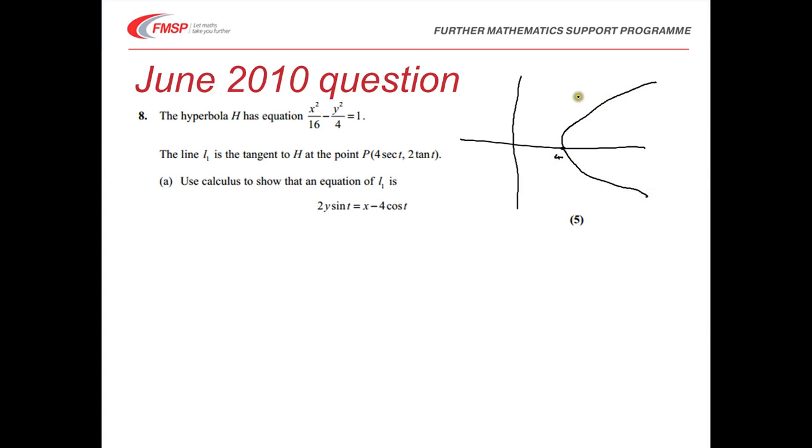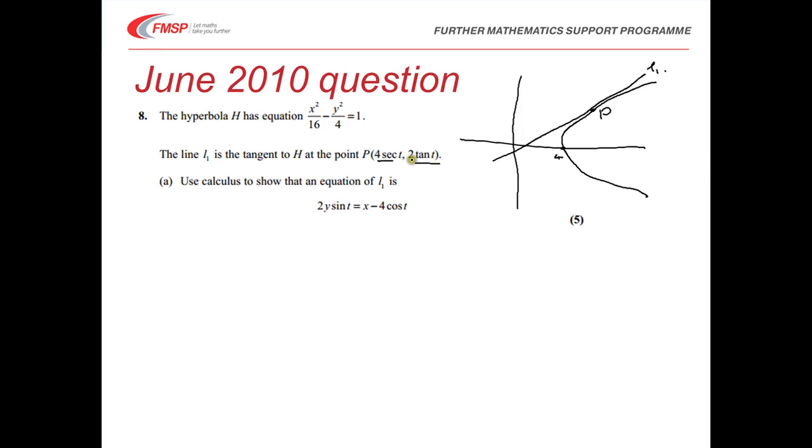Okay, so we've got a point P on our hyperbola, and it's given in terms of this parameterization, a sec t, b tan t. So it corresponds to a particular value of t, and we're being asked to think about a tangent called L1. And so we've got to use calculus to show that the equation of that tangent is given by this, first of all. Okay, so there are various ways you can do this.